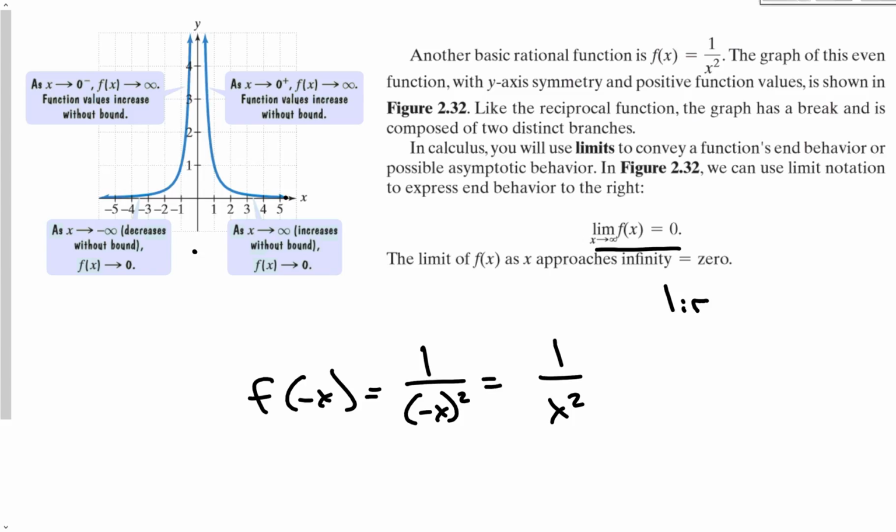Also, the limit as x approaches negative infinity of this function is also 0. We could also say that the limit as x approaches 0 from the right of my function, as I get closer and closer to 0, gets closer and closer to positive infinity. And as I approach 0 from the left, it's also positive infinity as well.